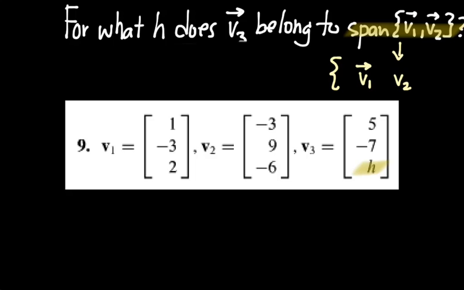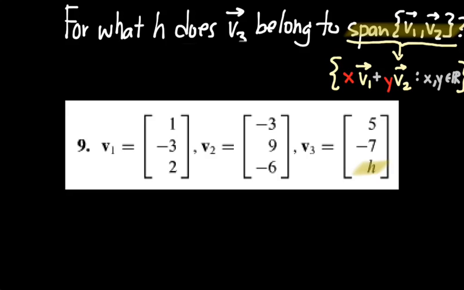So it's the set of all vectors that we can express as some constant, let's call it x, times V1, plus some other constant, let's call it y, times V2. And it's the set of all such linear combinations for all possible real numbers x and y. So that's the definition of what the span of two vectors is.